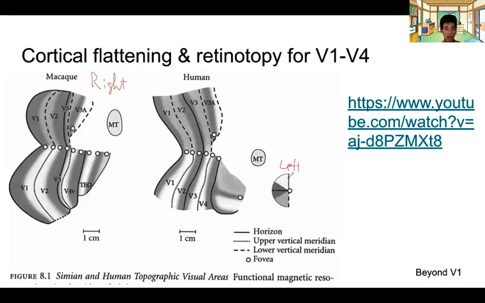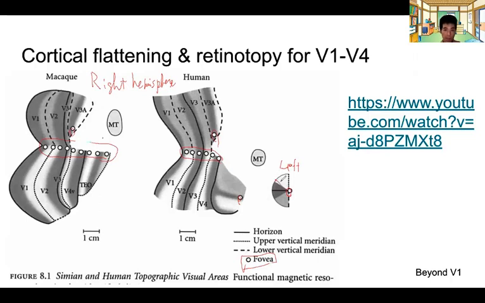And as I have already mentioned, the left visual field goes to the right hemisphere. The key to this location is the fovea. The fovea gets projected onto this circle here, and other areas also have the fovea representation for both monkey and human.